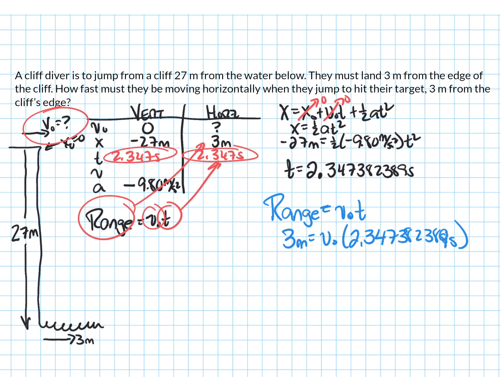All right, so my initial horizontal velocity is 3 divided by the time with all my decimals, and that's going to be 1.28 meters per second. So that's how fast the diver has to be moving horizontally. That's slower than you walk. So they barely move horizontally to make the mark.